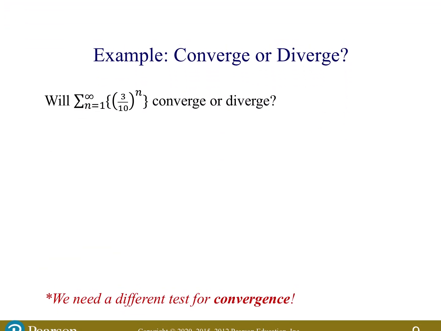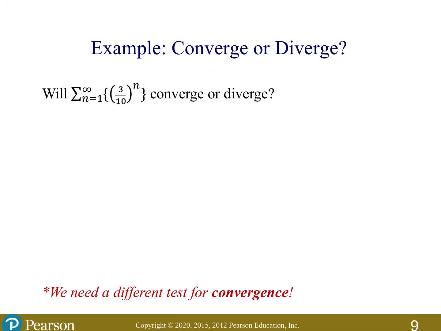Okay, here's another one. Will this series converge or diverge? Okay, well, we want to apply the nth term test. It's always helpful for you to announce which test you're trying, so I usually get in the habit of saying what I'm going to try.